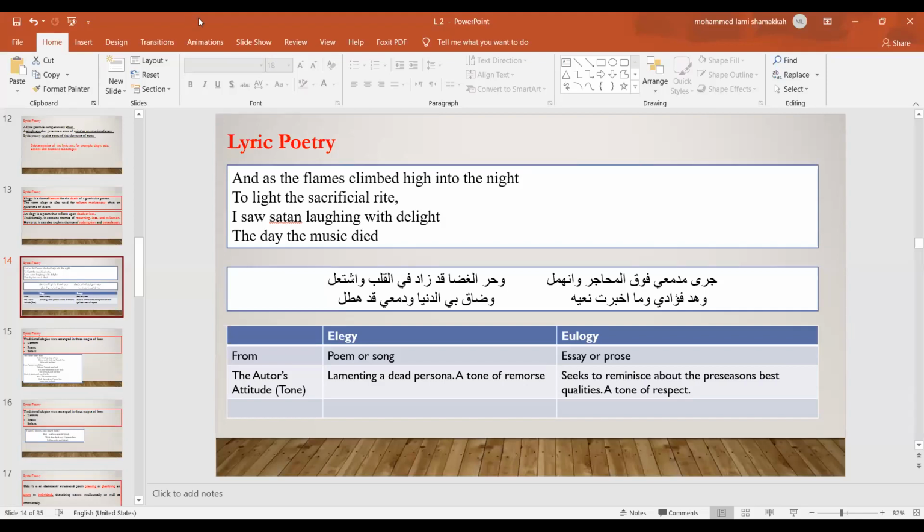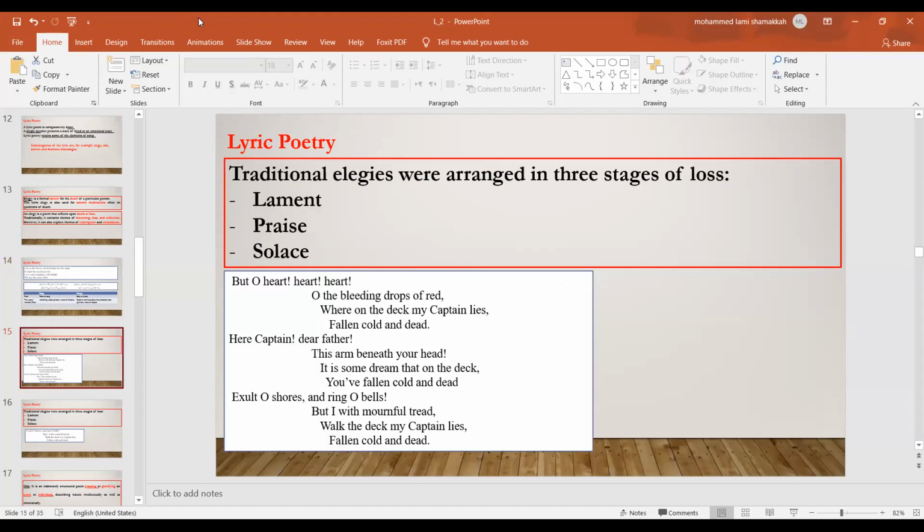Now, generally speaking, when we talk about traditional elegy, it usually comprises three main elements: lament, praise, and solace. Usually the traditional poem that laments somebody used to start with lamenting the dead person, then praising the dead person, and solace.